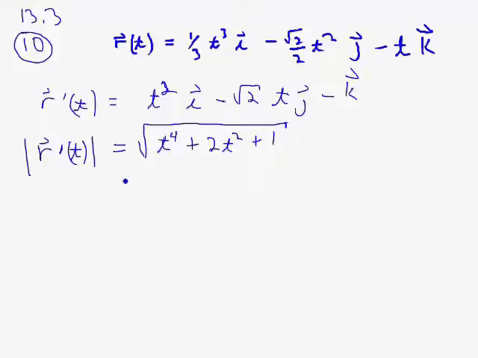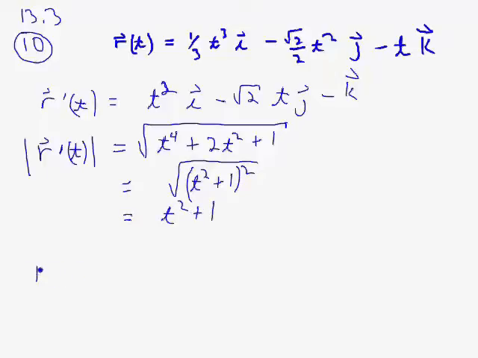And to make our lives much easier, let's simplify this as the square root of t squared plus 1 quantity squared, which is just t squared plus 1.